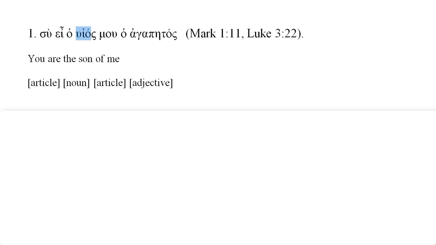So here we have article, noun, ho huios, article, adjective. Notice that we have this genitive in the middle of it, which kind of throws things off a little bit. But if we ignore the genitive in the middle, the pronoun there, we can look at this as article, noun, article, adjective. And so we have, you are the son of me, the beloved.